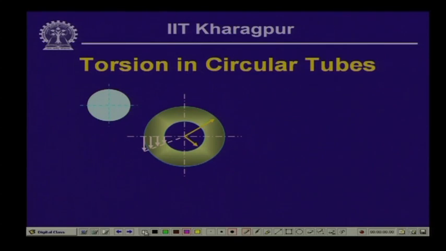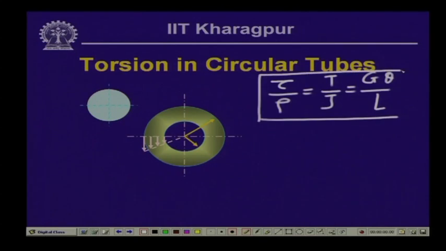Now, once you compute the polar moment of inertia, the rest of the expressions remain as we had: tau by rho is equal to T by J is equal to G theta by L. Now, we can use this equation again for evaluating the stresses, and the terms remain as defined earlier.